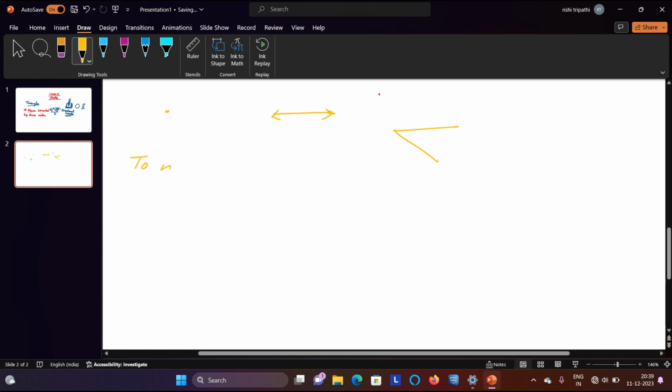So to make a bounded figure, we have the requirement of at least three sides.